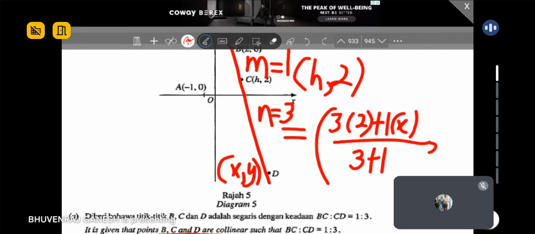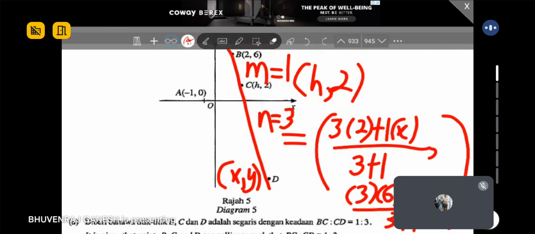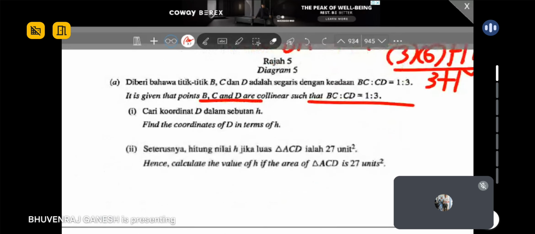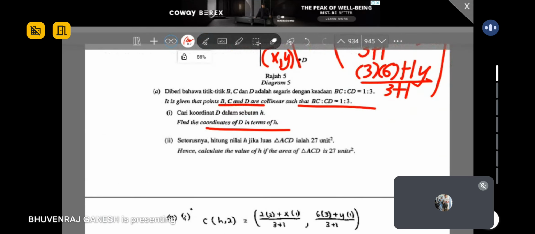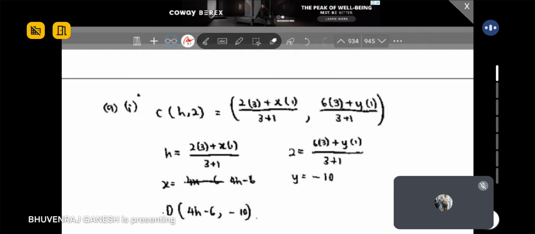Then for the y coordinate it is n y1 plus m y2 over m plus n. This is your whole formula. Then you just compare left hand side and right hand side, and express your answer in terms of h, coordinate D. Means that you must find your x and y. Then you will get the answer.